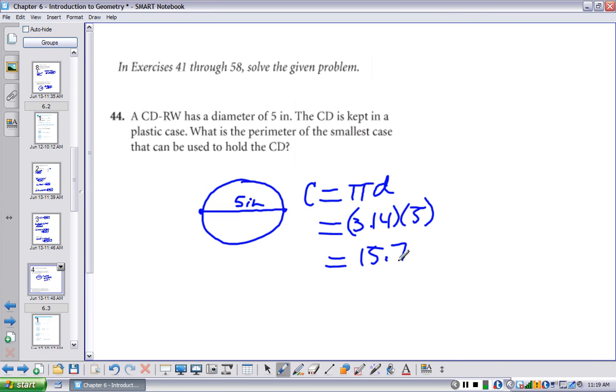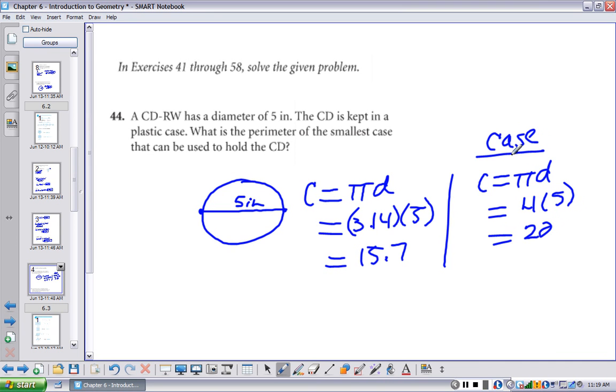So what they assume here, and they should give you more information, it has a diameter of 5 inches. The CD is kept in a plastic case. What's the perimeter of the smallest case that can be? What they do is they say, okay, we're just going to round this 3.14 up to 4, and we're going to use a diameter of 5, and we're just going to make this case 20.